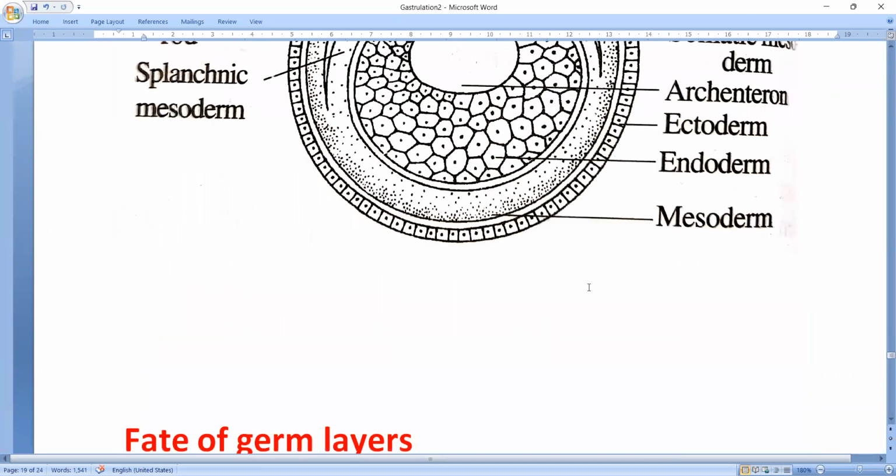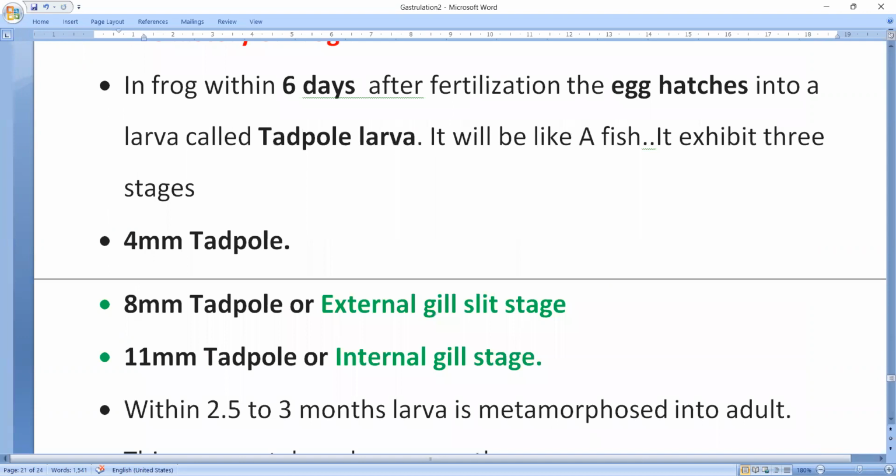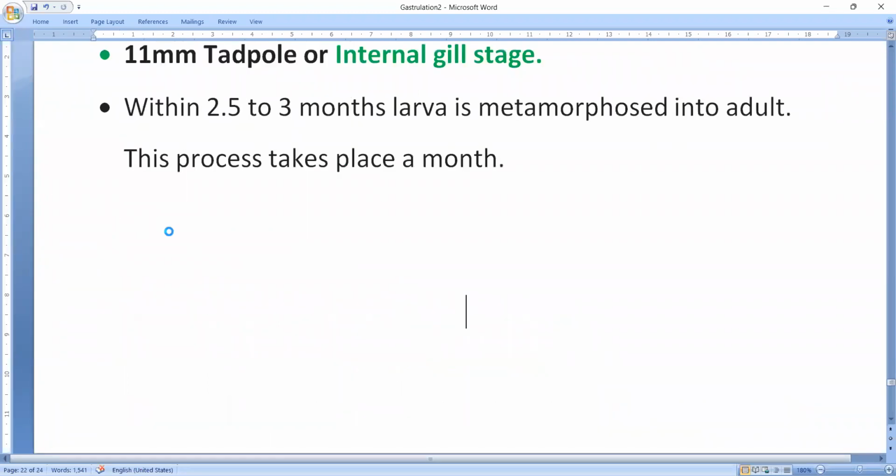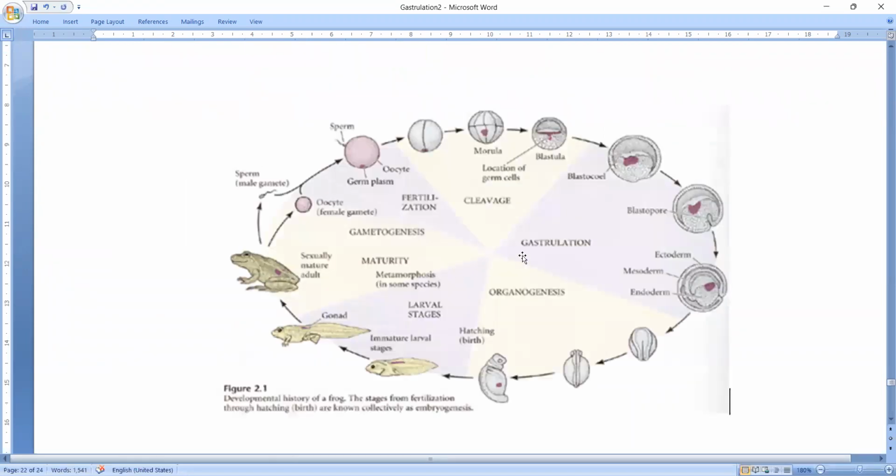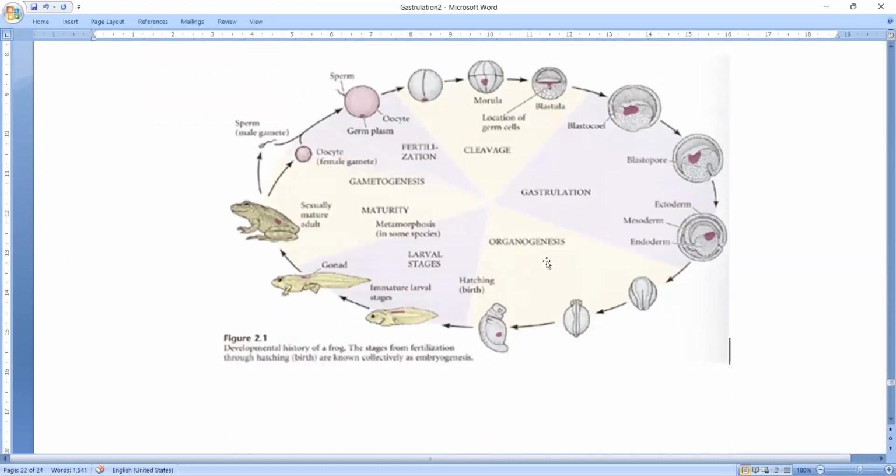So this is the diagram of the life history of frog.